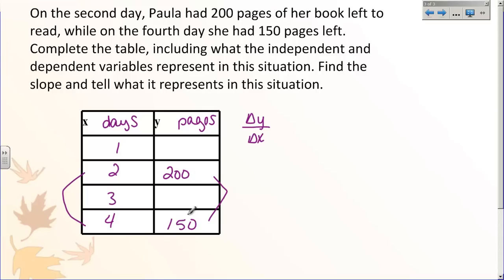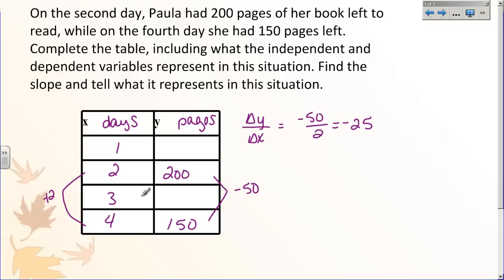So my change here is minus 50, because I've lost 50 pages. My change here is positive 2. It's from 2 to 4 is 2. So my delta y over delta x is negative 50 over 2, which is negative 25. And so what this tells me is that she reads 25 pages a day. So let's just go with the numbers that we have.